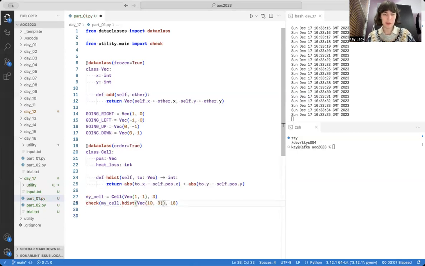Let's make this a bit easier to see if it's wrong.